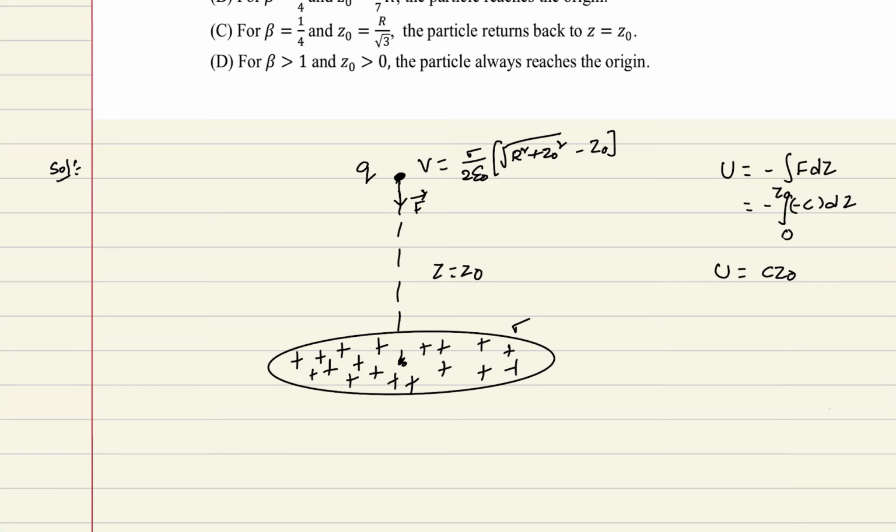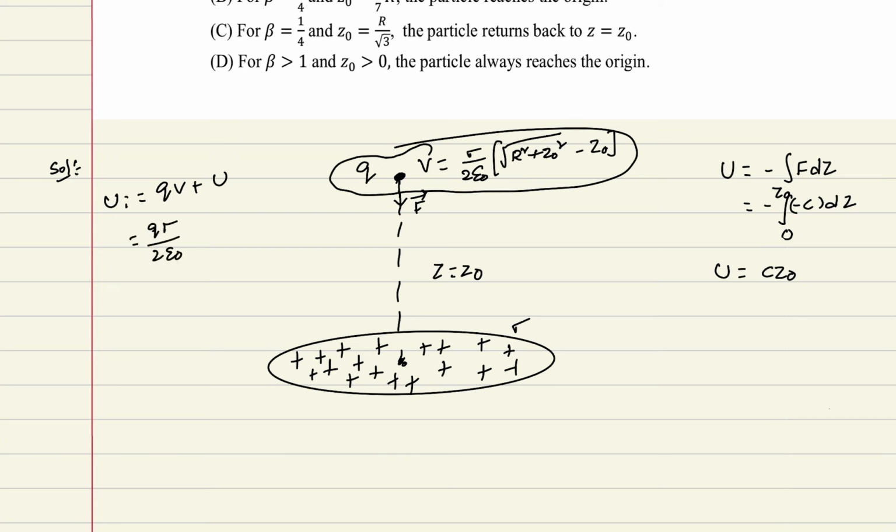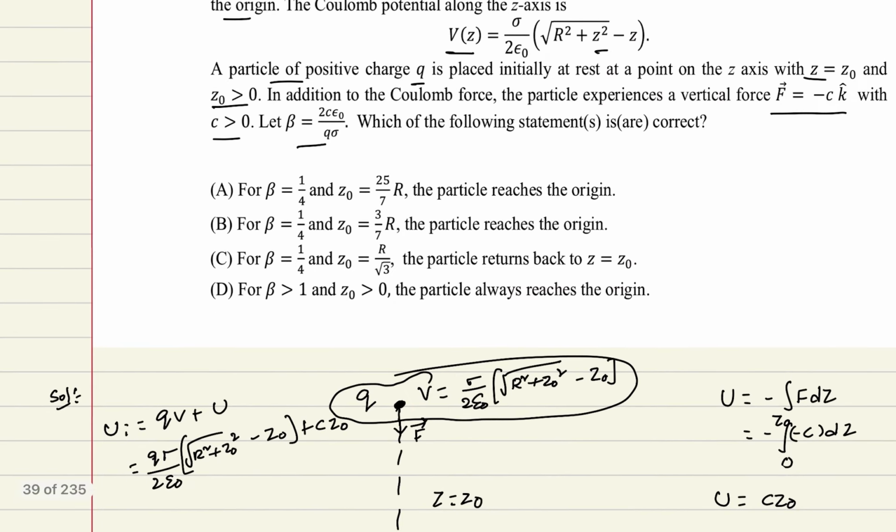At the initial position, the initial potential energy is equal to q into V plus this one more U. Q into V is q sigma by 2 epsilon naught into (under root of r square plus z naught square minus z naught), plus c into z naught.